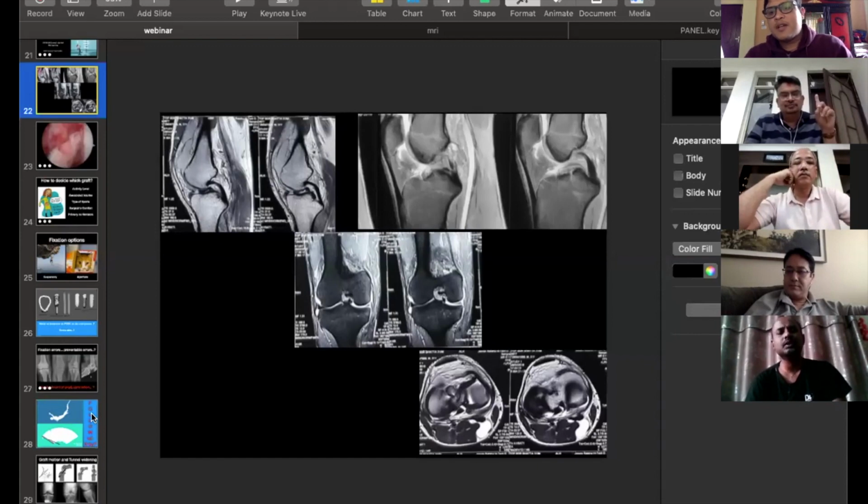Amit sir, you would like to add? Yeah, I just want to give good news to all of us by saying that we are not bad. I'm recently preparing a paper of 234 MRIs compared with the arthroscopic findings that we did over the last 7 months.